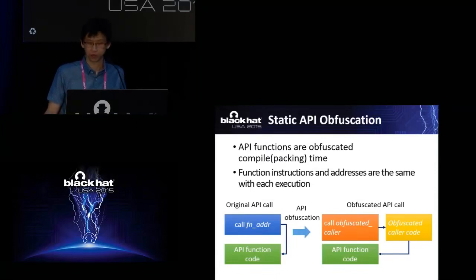There is obfuscated caller code, and the obfuscated caller code resolves the obfuscated address or does something different, and finally they go to the API function code. But some binaries also obfuscate the API function code.